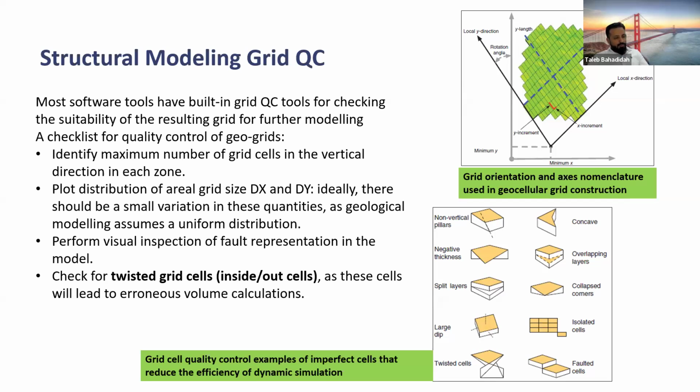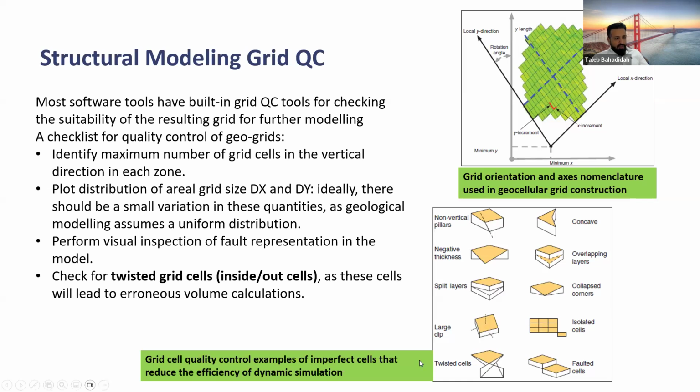And one very important step is checking for twisted grid. Most software provide a property you can create to check if you have a twisted grid, if you have inside-out cells. So this is very, very, very important. You need to make sure that you have 0 twisted cells. I will demonstrate this in our demo.